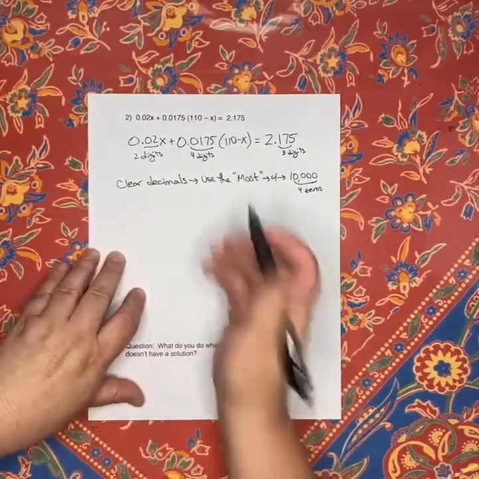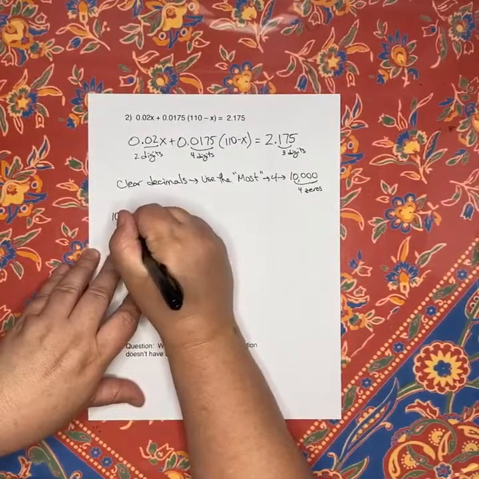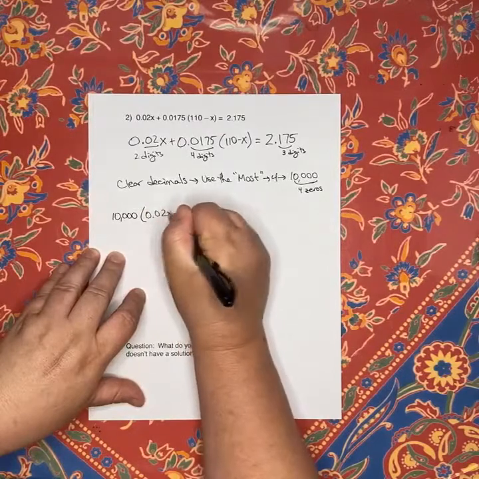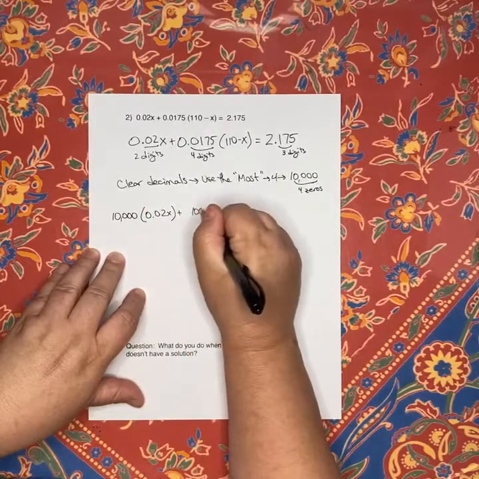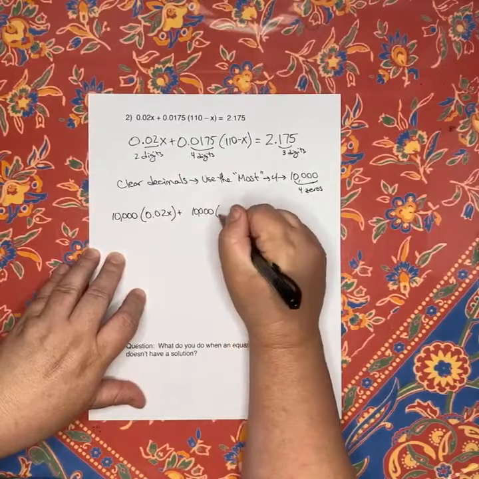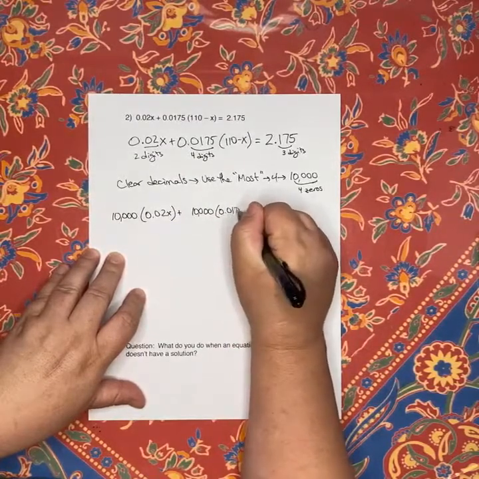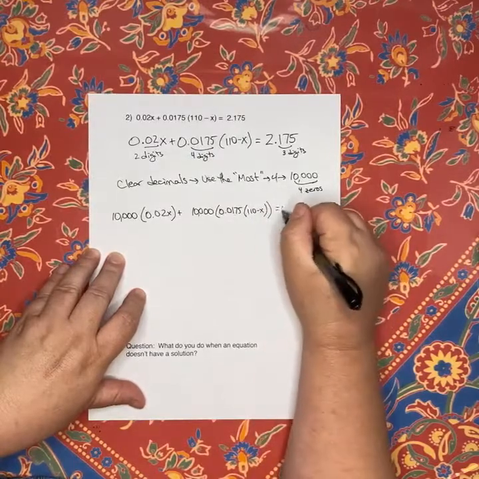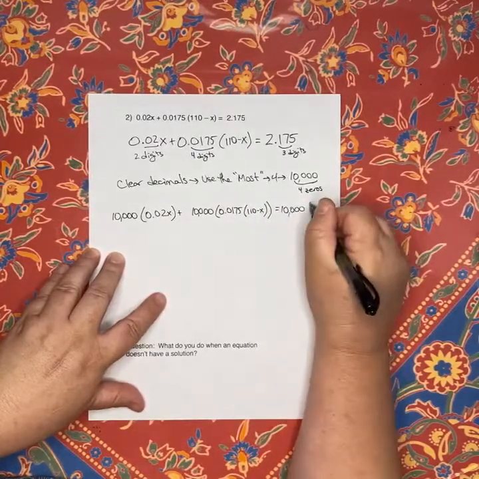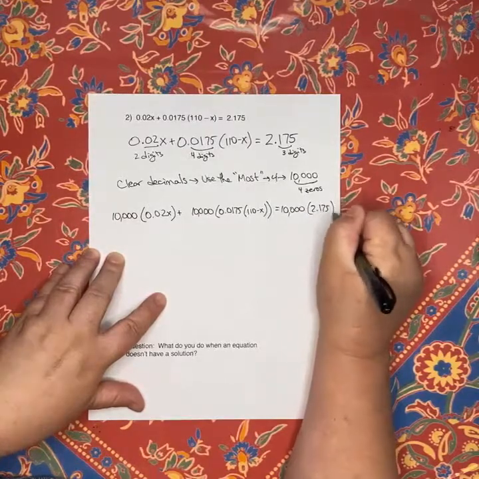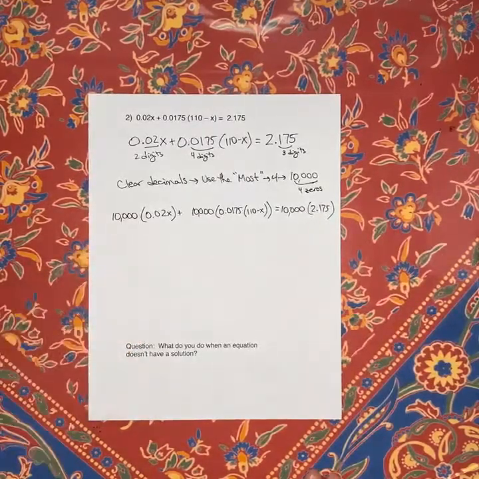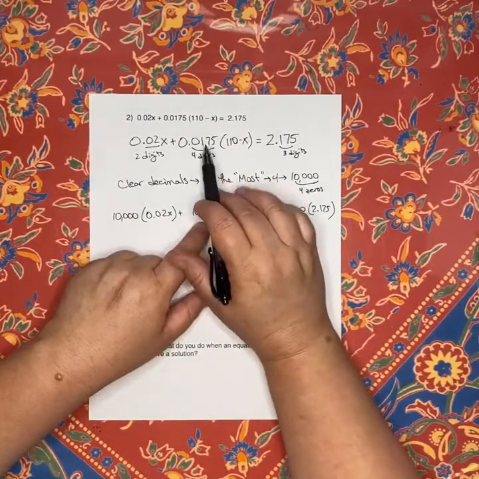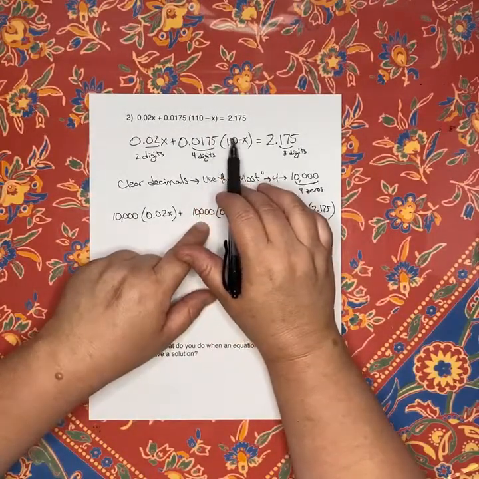Again, you do not have to do it this way, but I wanted to show it to you. 10,000 times 0.02x plus 10,000 times 0.0175 times 110 minus x equals 10,000 times 2.175. Now, a lot of folks look at this, especially in the middle, and they're like, wait, don't I have to multiply by 10,000 outside and inside?